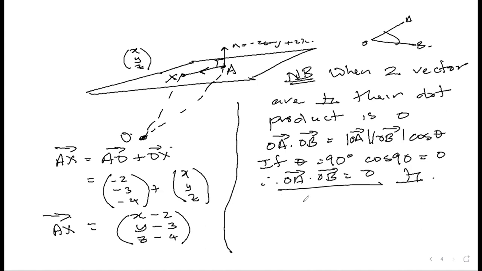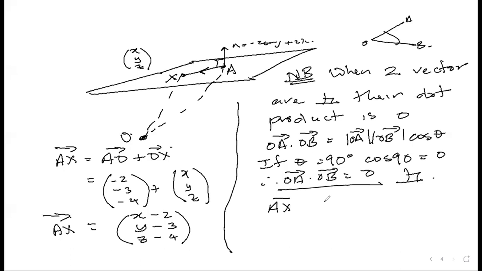When the two vectors are perpendicular, we can write x dot n is equal to 0.